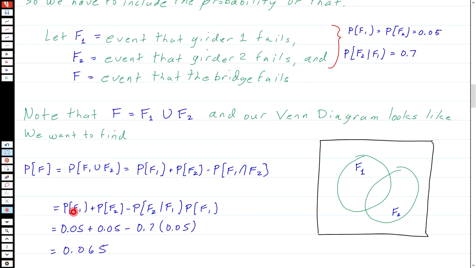We were told probability of F1 is 0.05, probability of F2 is 0.05. The probability of the intersection we're going to write as the probability of the failure of the second, given failure of the first, which we know is 0.7, times the failure of the first, which is 0.05. And so I add all these things up, I get 0.065.